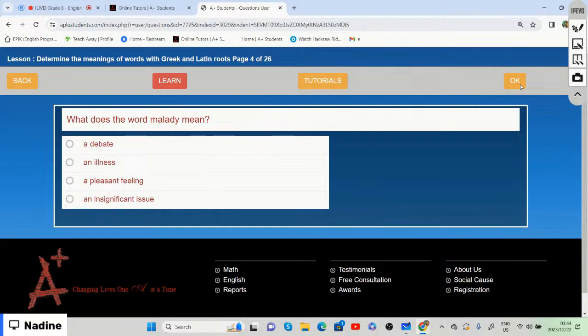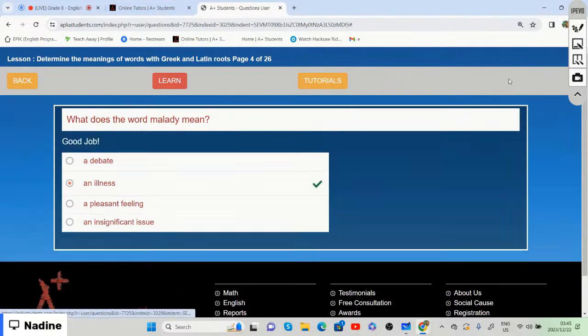So malady, is it a debate, an illness, a pleasant feeling, or an insignificant issue? And if we were to select the meaning of the word malady, because we did it earlier on also, we can say it is to do with an illness or a disease.